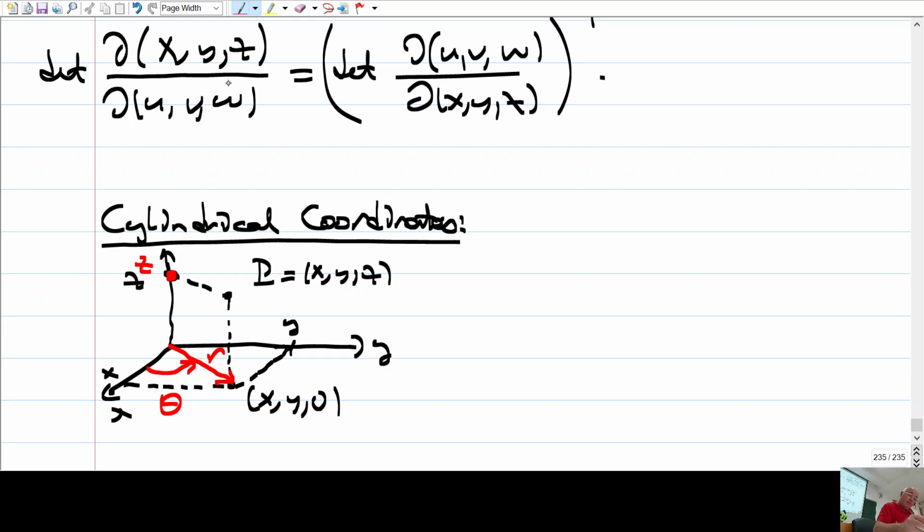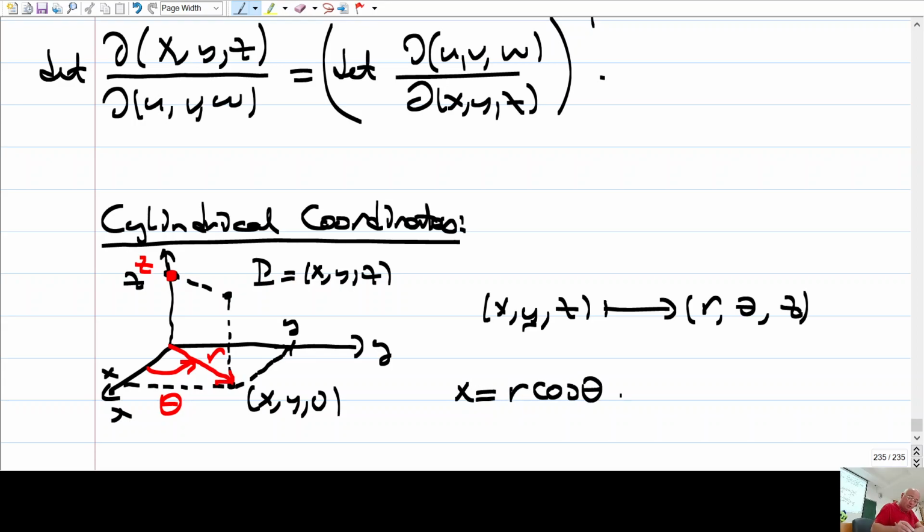So we have the following transformation. I have x, y, z in Cartesian coordinates. In cylindrical coordinates, we have r, theta, and z. We don't touch z, only replace x and y with r and theta. And what are the transformations? What is x, for example? x is, of course, just r times cosine theta, as usual. y is r times sine theta.